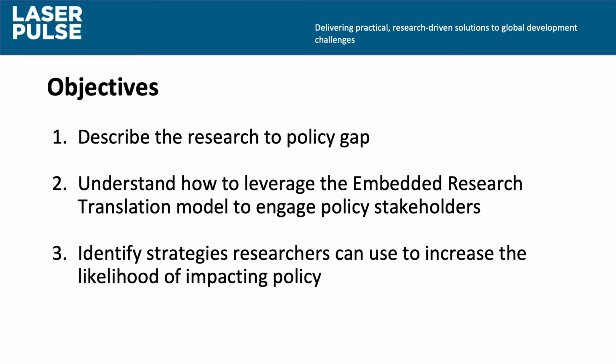And finally, the third objective is to identify strategies that researchers can use to increase the likelihood that their research will impact policy. These strategies that we will discuss were informed by the Laser Pulse model for embedded research translation, as well as a review of the academic and gray literature, with key sources and references provided at the end of the slide deck. So let's jump in.